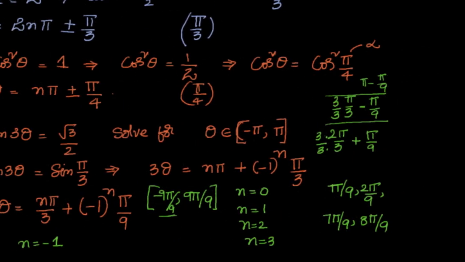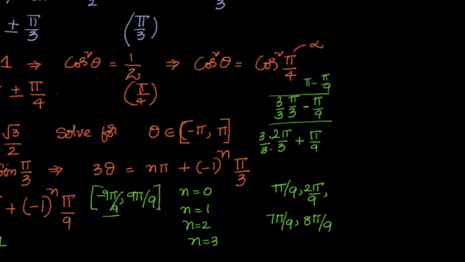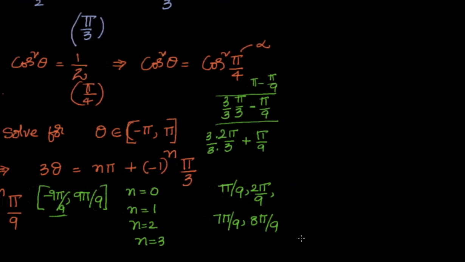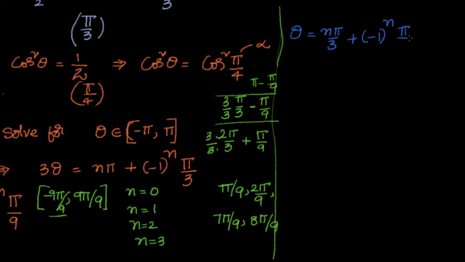Let me just note this down. Theta equal to n pi by 3 plus (minus 1) to the power of n pi by 9. Let us do it here separately, step by step, so that you will understand it. Now we want to substitute different values of n and see what values we will get.